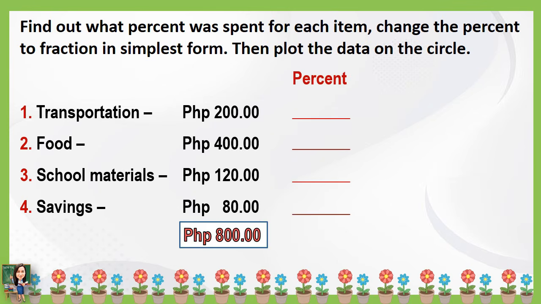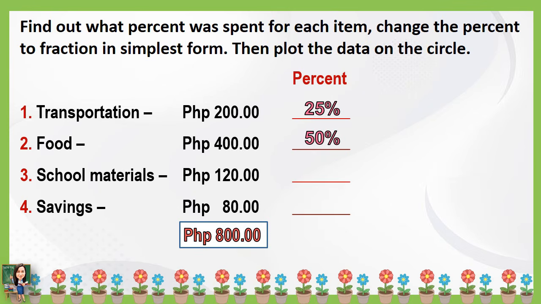To get the percent, divide 200 pesos transportation by 800 pesos allowance times 100 equals 25%. Next, for food, 400 divided by 800 times 100% equals 50%.